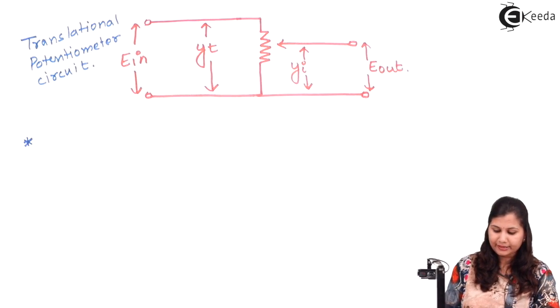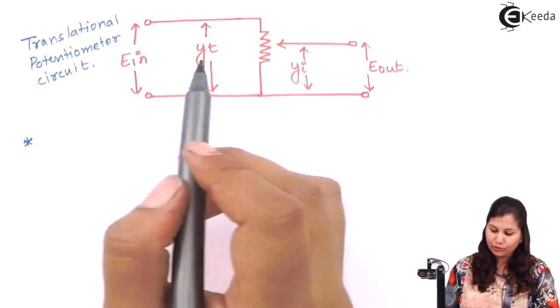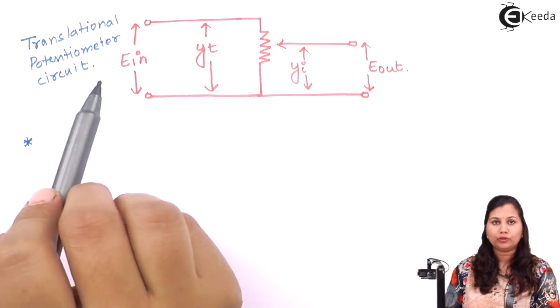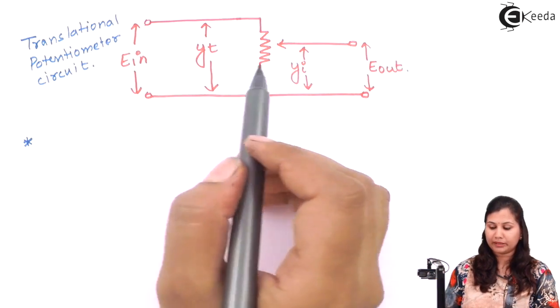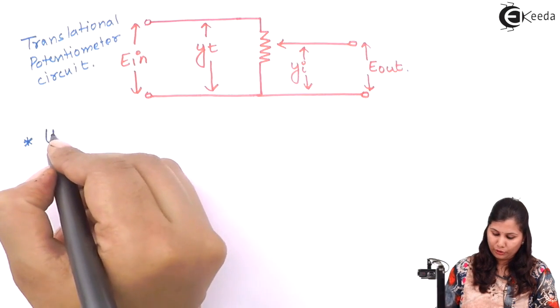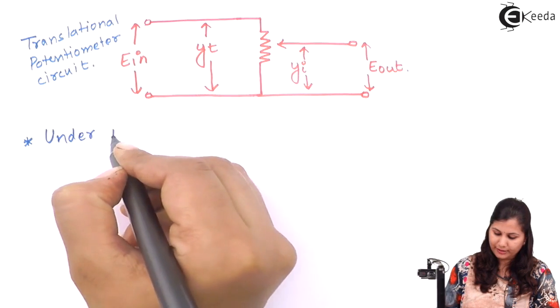Now, under ideal conditions, the ratio of the output voltage and the input voltage will be equal to the displacement ratios.